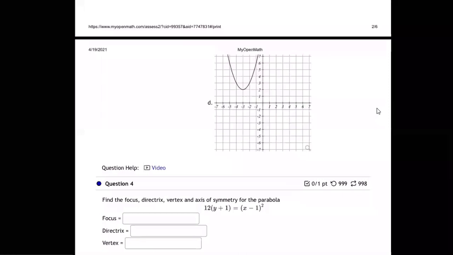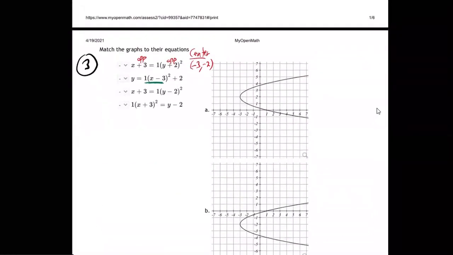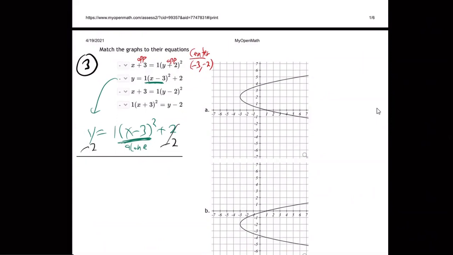So let's come back up here and see on this one. In fact, I have a lot of room, let me take it over here. So y equals 1, x minus 3 squared plus 2. I got to get this piece alone. Get this guy alone. So what does that mean? Subtract 2 from both sides. Right? Gonzo.